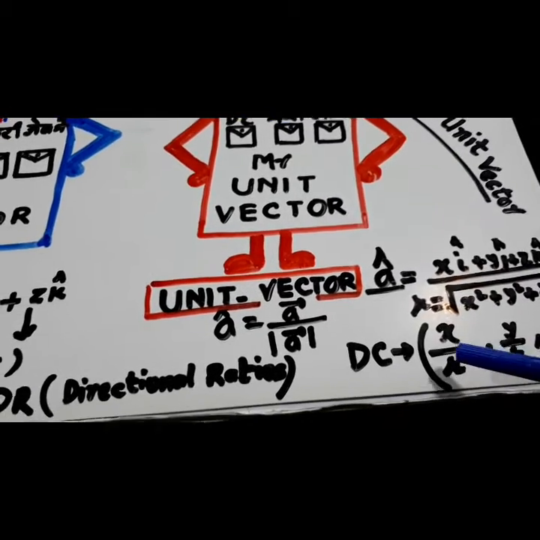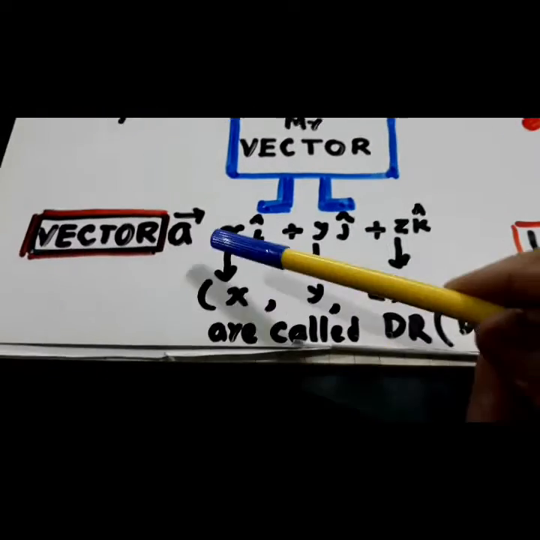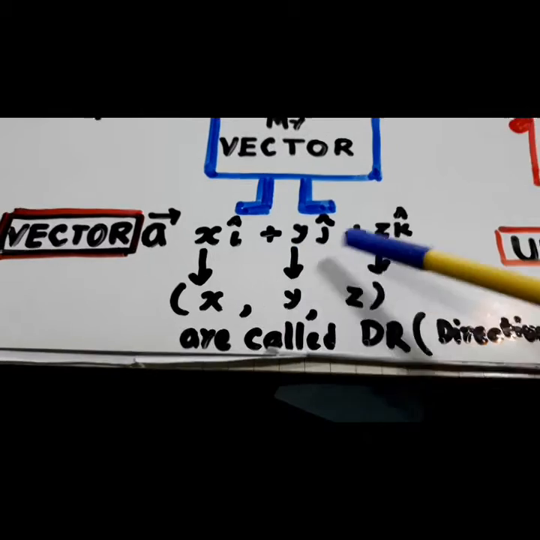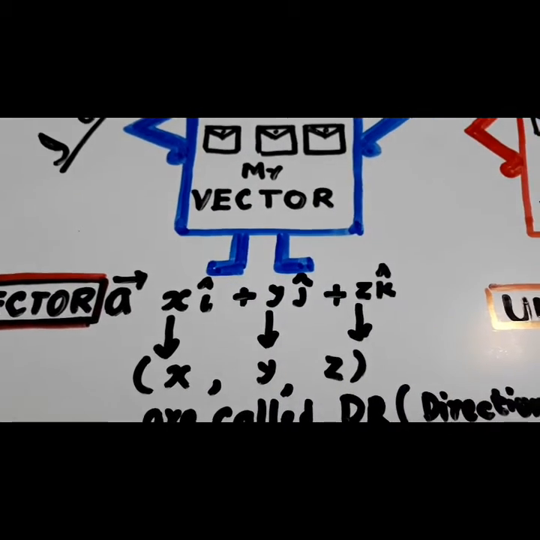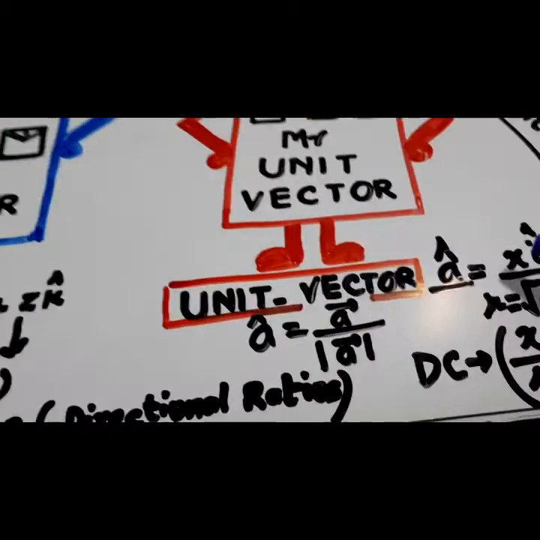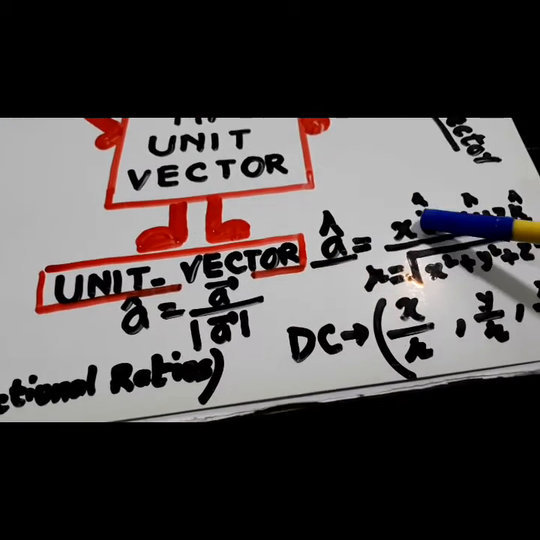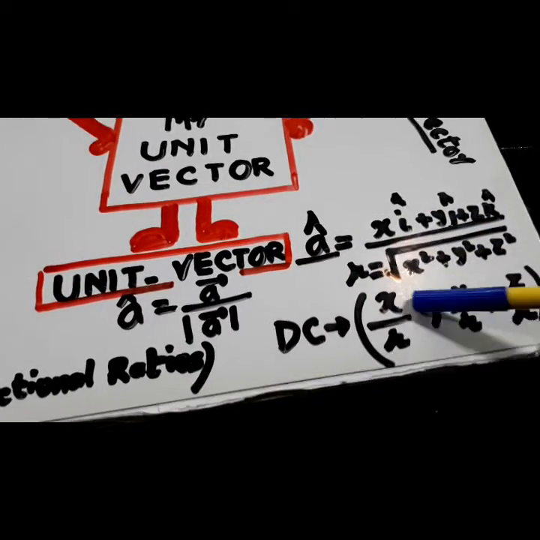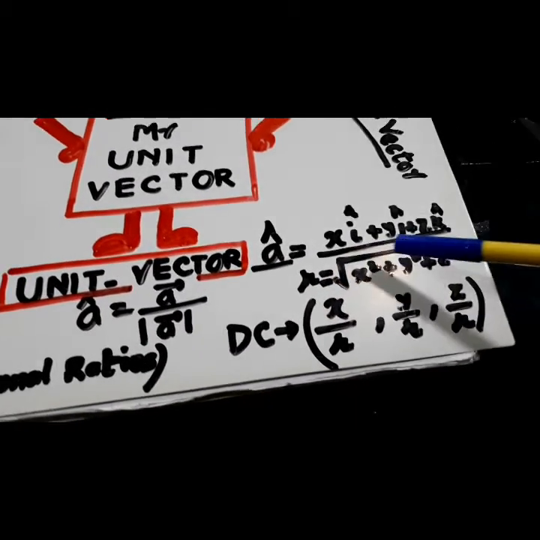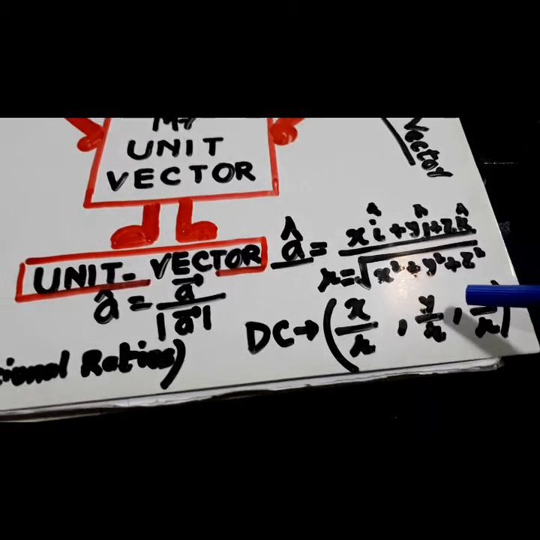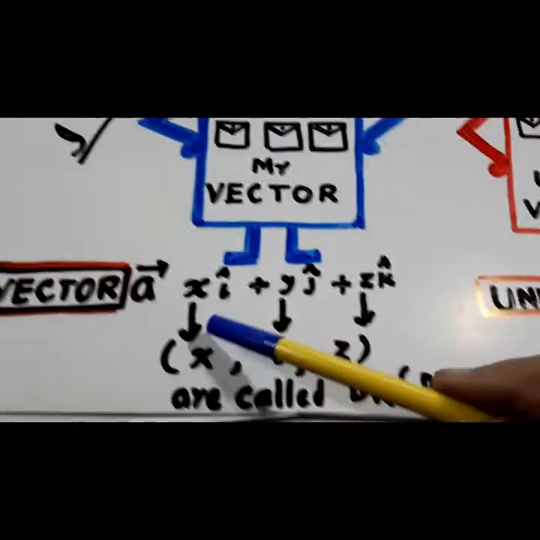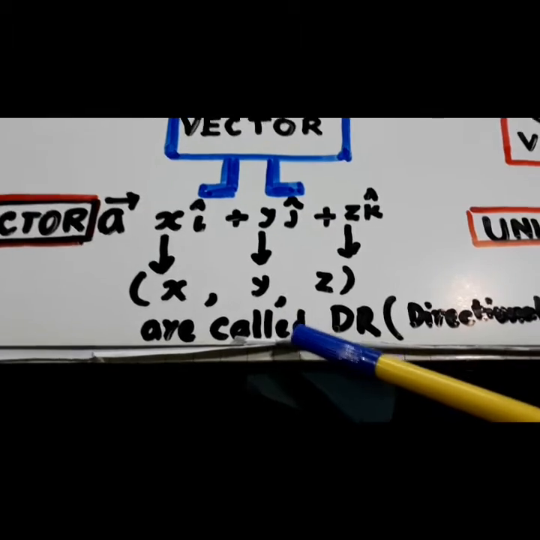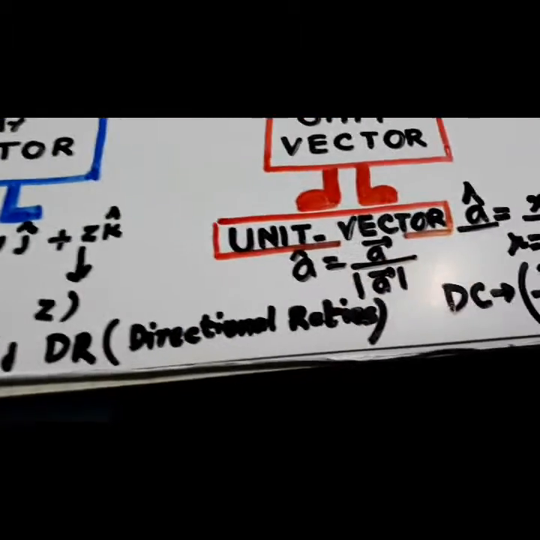These x, y, z are scalar components of the vector, and these are scalar components of the unit vector. That's all. They are called DC and these are called DR. Directional ratios, directional cosines.